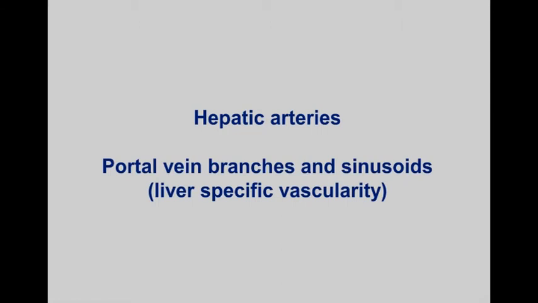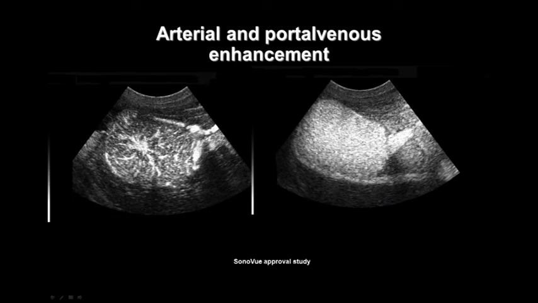Coming back, we have the two vessels from the liver, hepatic arteries and portal vein branches and sinusoids, the liver-specific vascularity. Have a look to the left. You can nicely depict here the central artery and the portal vein on the right. And you can see that this lesion is arterial enhancing, and this lesion is enhancing in the portal venous phase, comparing the vessels with the respective focal liver lesion.